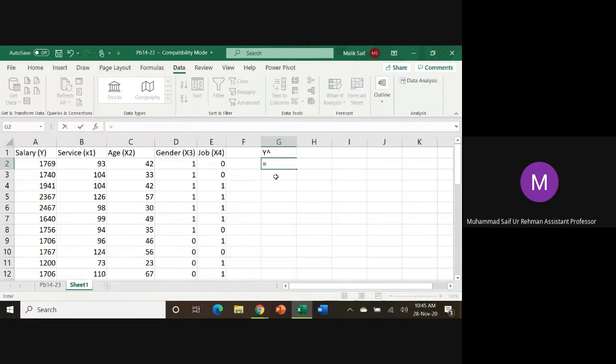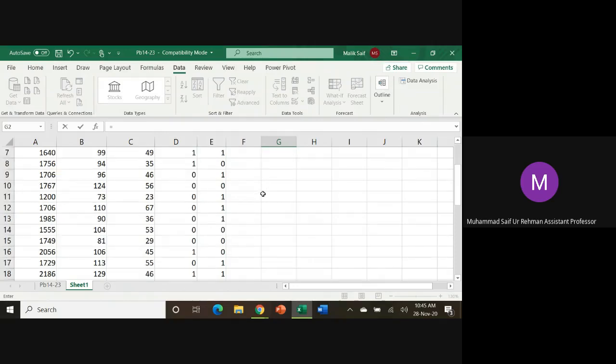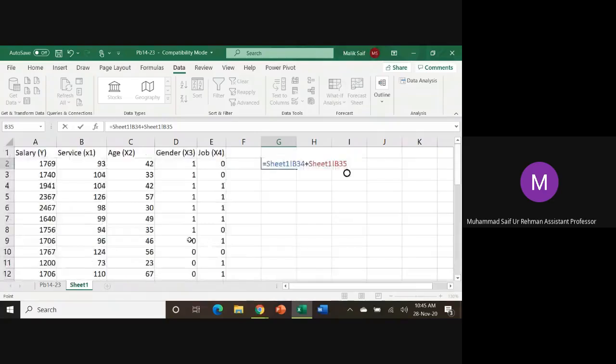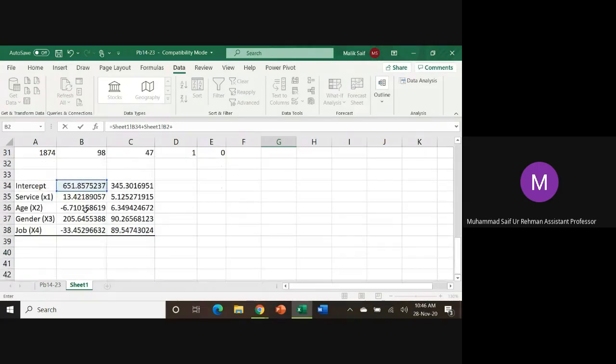You have to take into account the regression equation for the sample, and that was alpha hat. So what is alpha hat? This is alpha hat. Then you have to add alpha 2, and then multiply this with this value, which is beta 1. Then plus, write down beta 2.